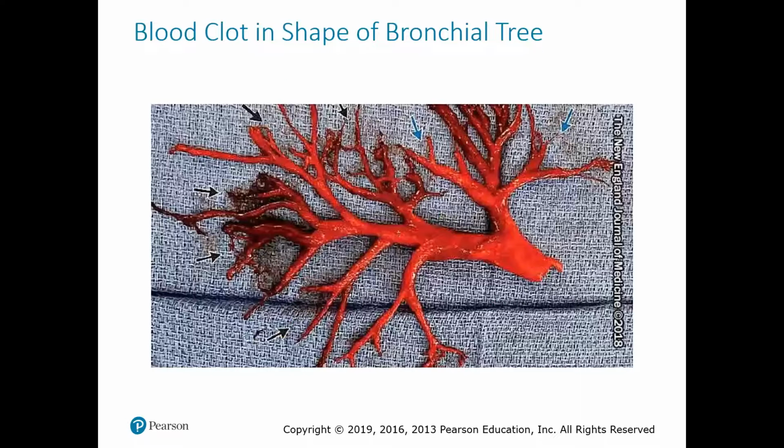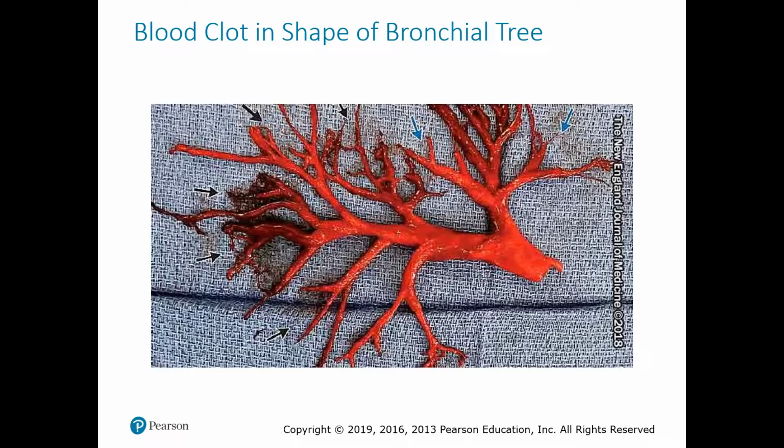So this is a blood clot shaped like a bronchial tree. This is an inadvertent cast made of part of the bronchi in an individual with lung cancer. When a person is dying from lung cancer, the tumor is eroding away usually the pulmonary artery or the pulmonary veins, or maybe even the aorta.